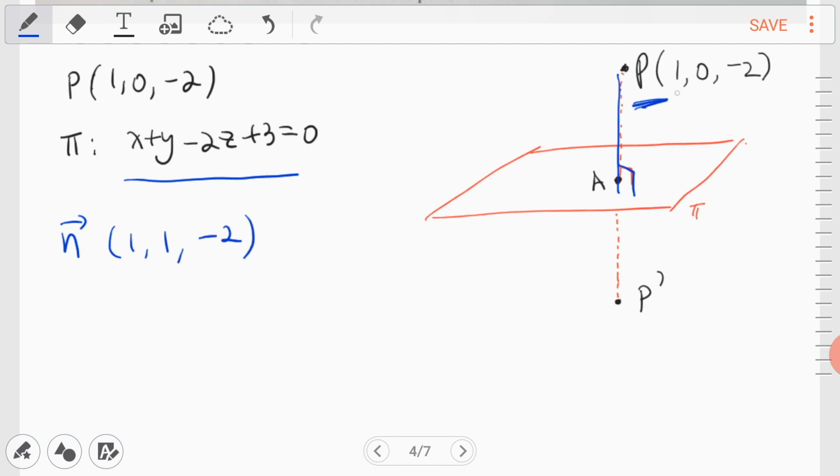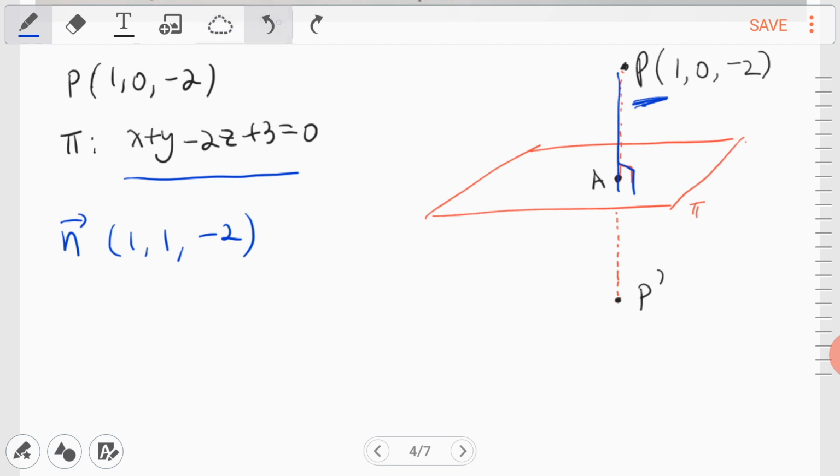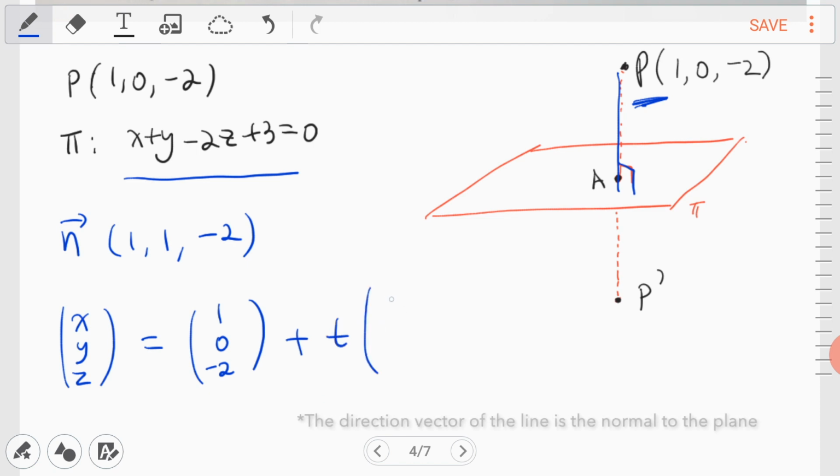We already have the point P, which is (1, 0, -2), so we can get the equation of the line. (x, y, z) is equal to the point (1, 0, -2) plus t times the direction, and the components of the direction vector are the normal to the plane, so (1, 1, -2).